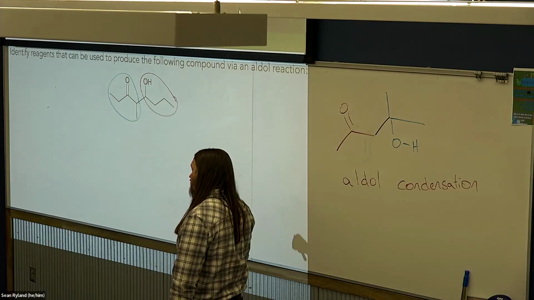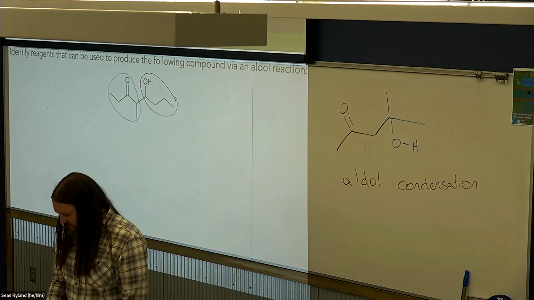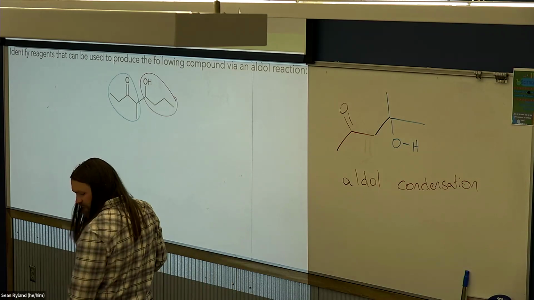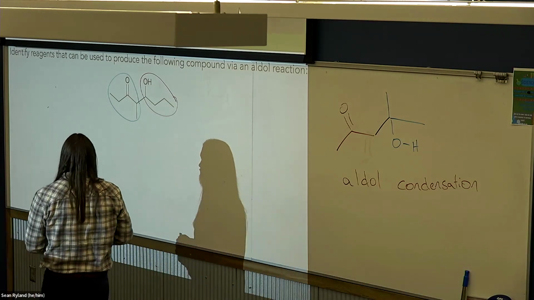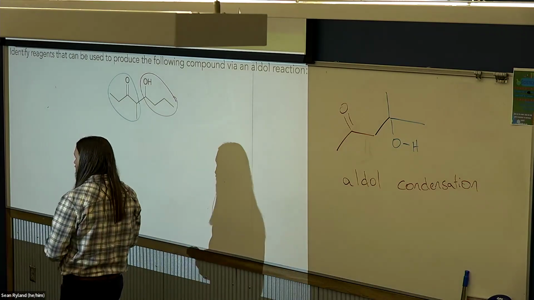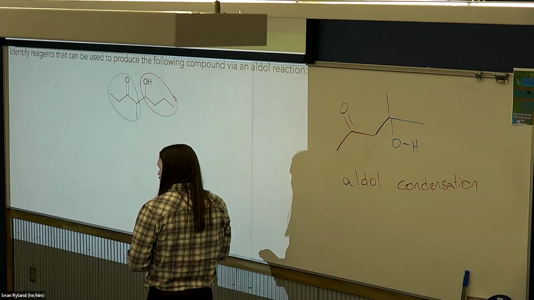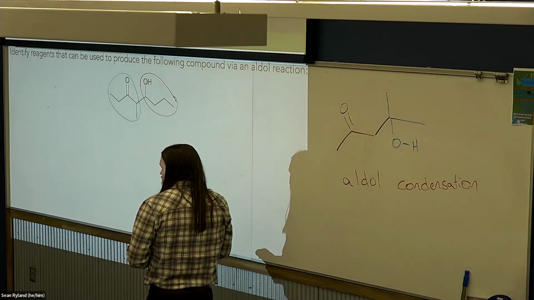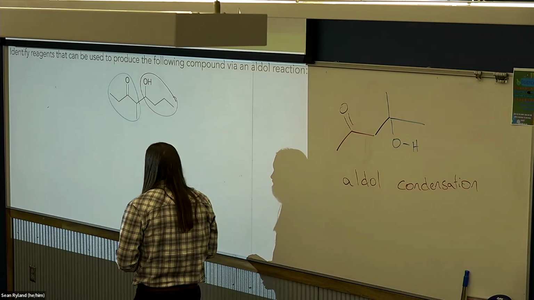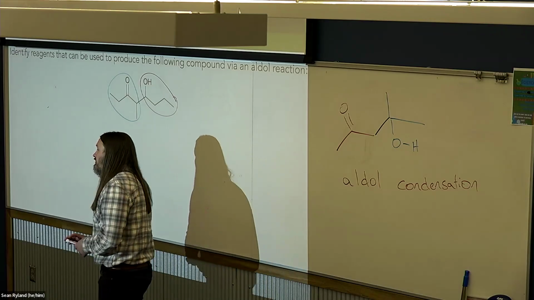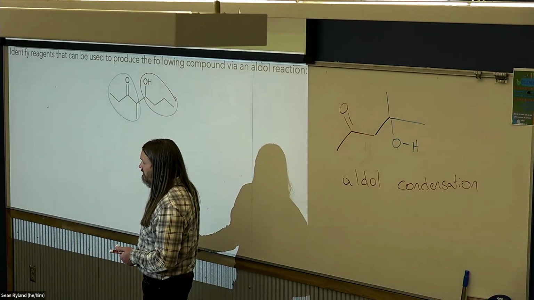What order do we have to do things in to get them to react this way? Okay. Which one, blue or the red? Well, the enolate is going to be the one that attacks the other carbonyl, right?